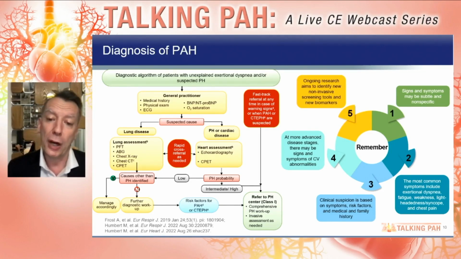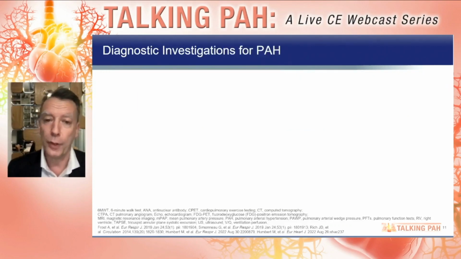When the patients are at a more advanced stage of the disease, there might be signs of cardiovascular abnormalities. And of course, we all try as a community to find new non-invasive screening tools and new biomarkers in order to have early warnings in patients with possible pulmonary hypertension.